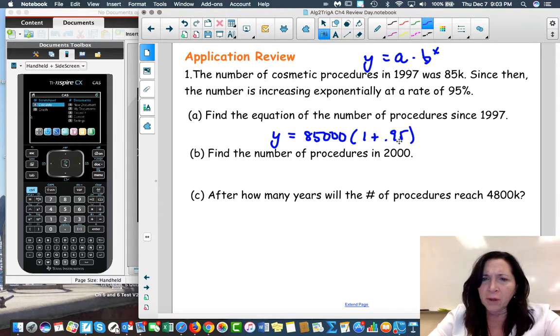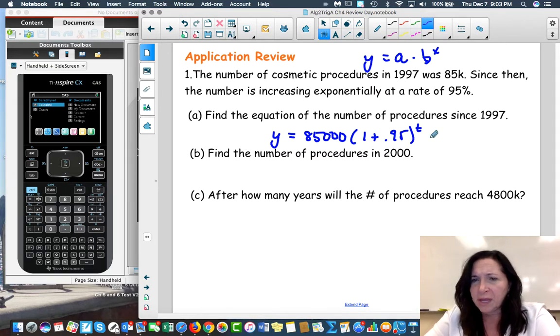We're going to go with time, or x. In this case, we have number of procedures, how many years. We're going to go with time. Okay, so this is our original equation. I can simplify that a little bit in that I can say y equals 85,000 times 1.95 to the t power.